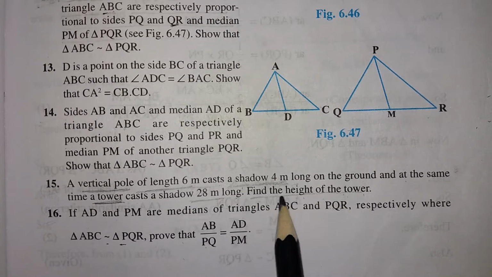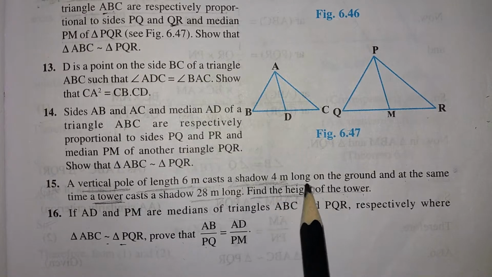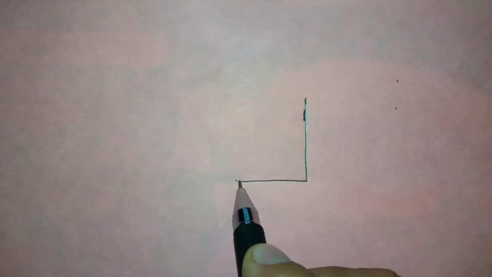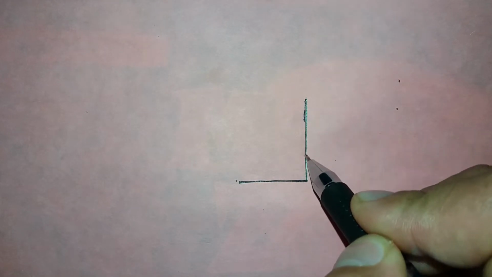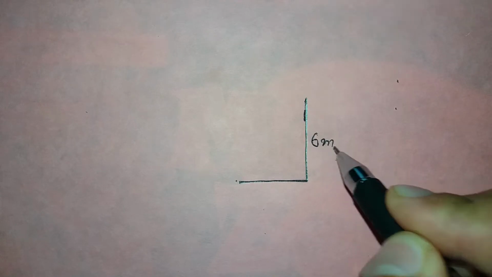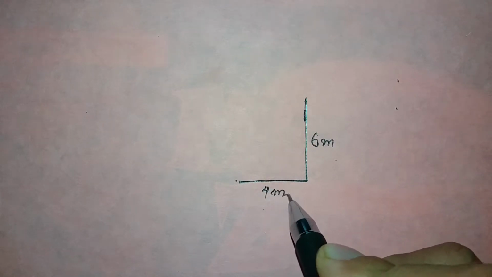Now what we're going to do is find the height of the tower. Let's draw the figure for this. So we have a vertical pole and a tower here. Let's say this is the vertical pole, this is the length of the shadow, the pole is 6 meter, and the length of the shadow is 4 meter.